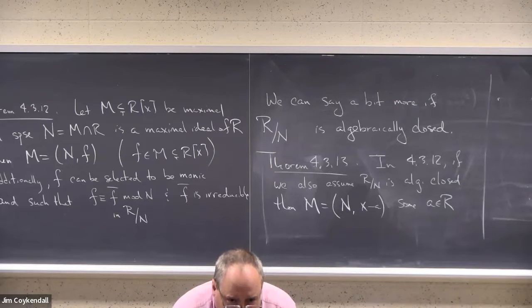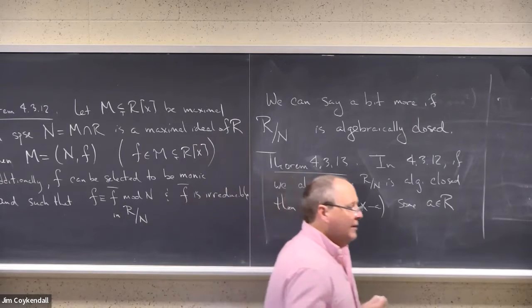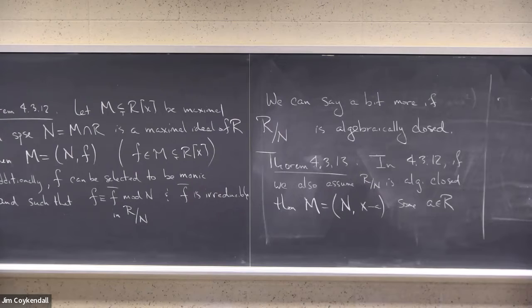If you have a domain, then a maximal ideal is a G-ideal. In fact, you don't even need a domain there really. If you have a maximal ideal of a ring, then it has to be a G-ideal. And the reason is R mod M is a field, which is trivially a G-domain, right?